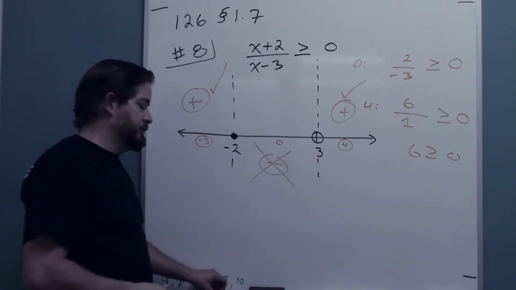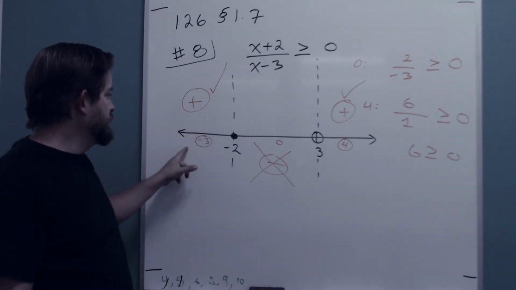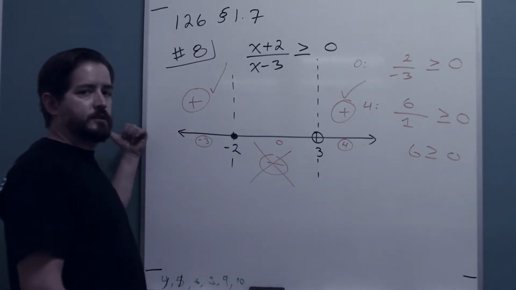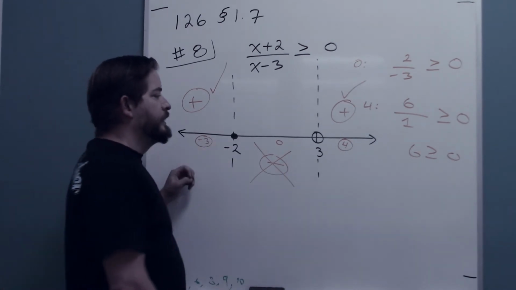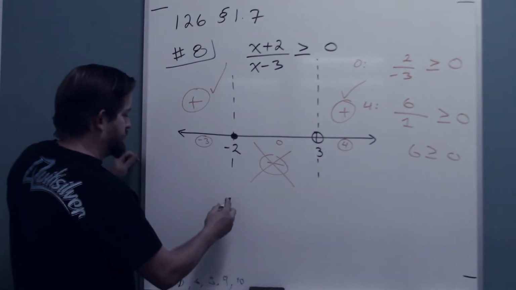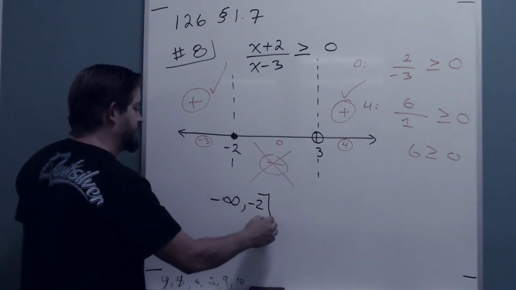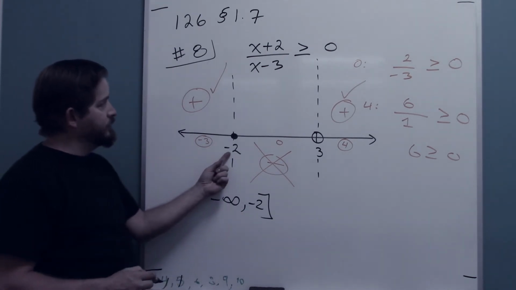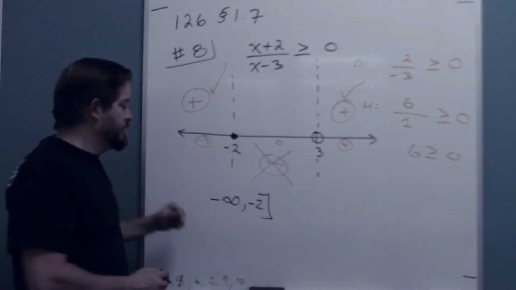And so then my final solution, I'll let you write this, is the union of the interval from forever to the left up to -2, including, right? And then from 3, in fact, screw it, I'm going to write it so I can explain it. It goes from -infinity up to -2, and -2 is included because at -2 it is 0, and I have an inclusive inequality.